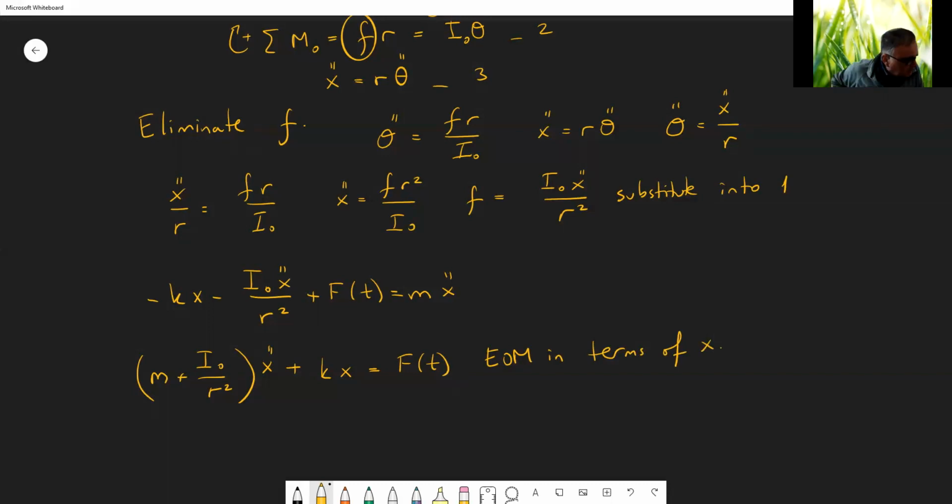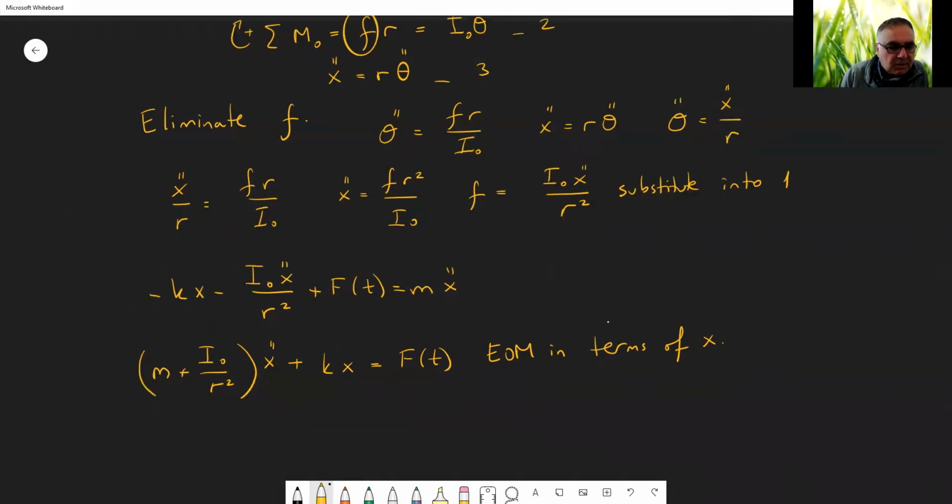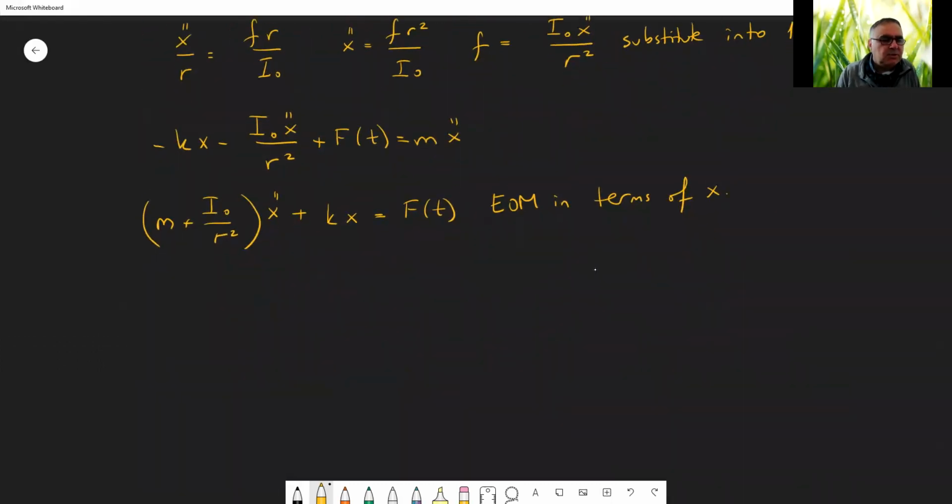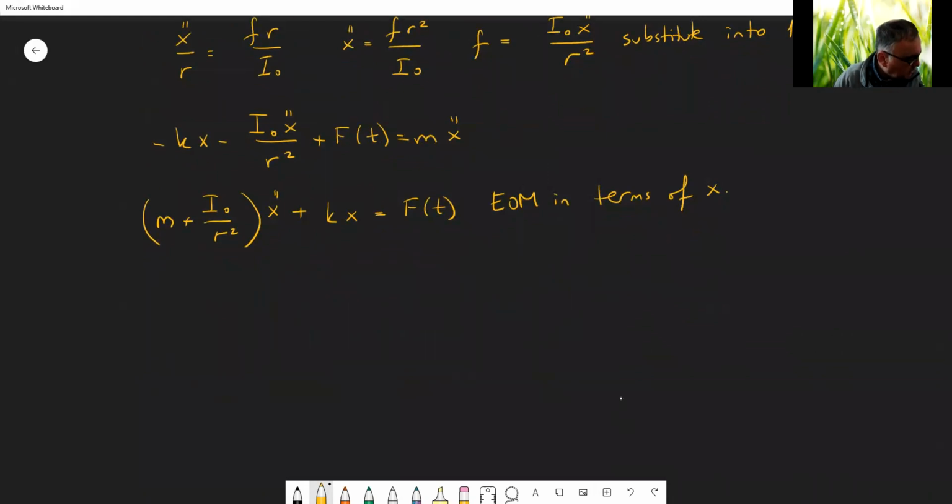We could somehow eliminate the coordinate theta from here, but we can write this equation in terms of theta as well. Since x and theta are dependent, we have x equals r theta, x double dot equals r theta double dot.